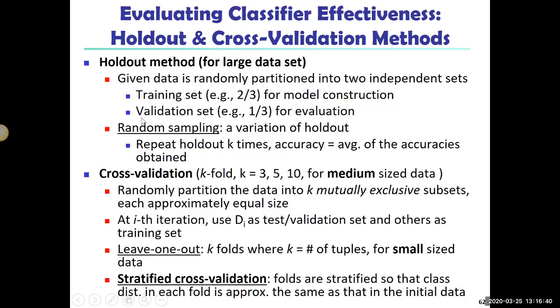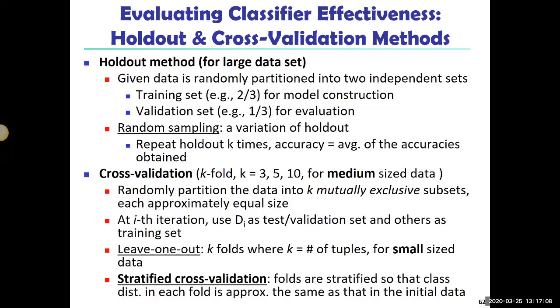Another variation of this holdout method is to use random sampling, and that will allow you to repeat holdout k times. The performance here means performance, not accuracy or error measurements. The performance is going to be the average of the performance that you obtained through k rounds of evaluation.